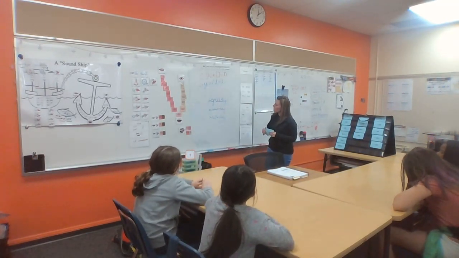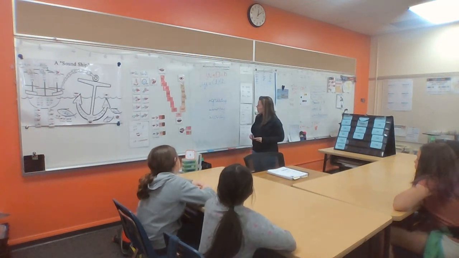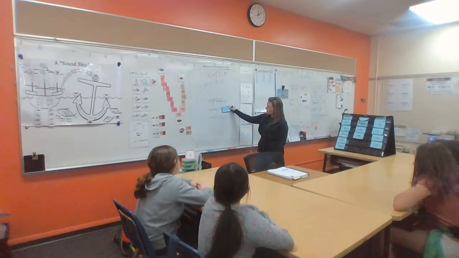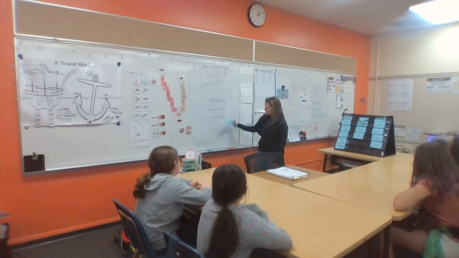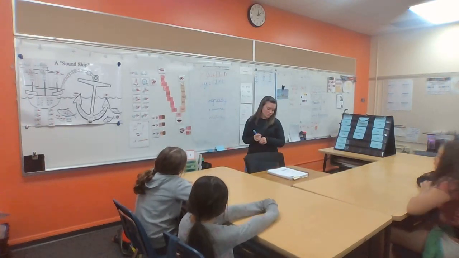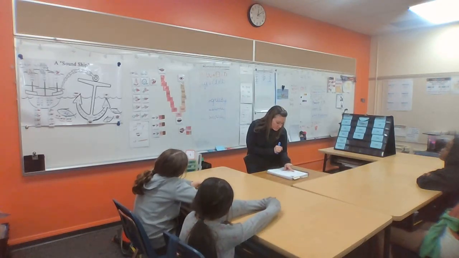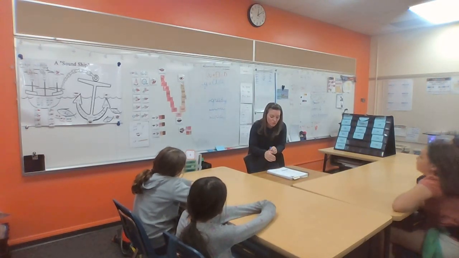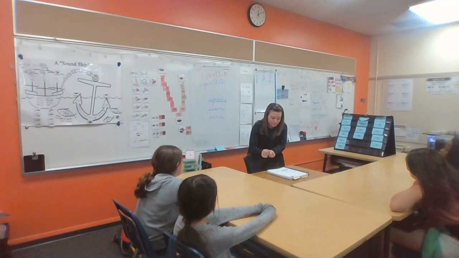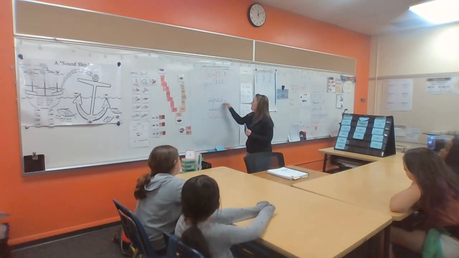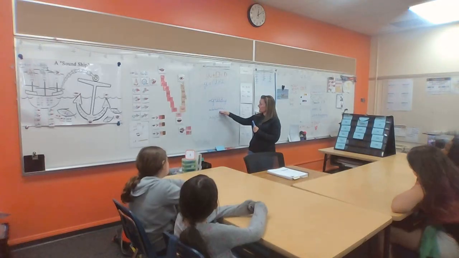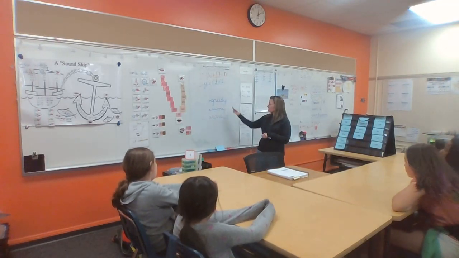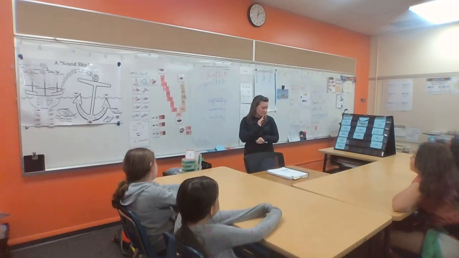Okay, so if we cover up our Y, do we have a base word? Yes. Green. Sun. Wind. So when Y is in the final position, is it a vowel or a consonant? Let's listen. Greedy, sunny, windy. Vowel. It is a vowel. It's making the E sound.